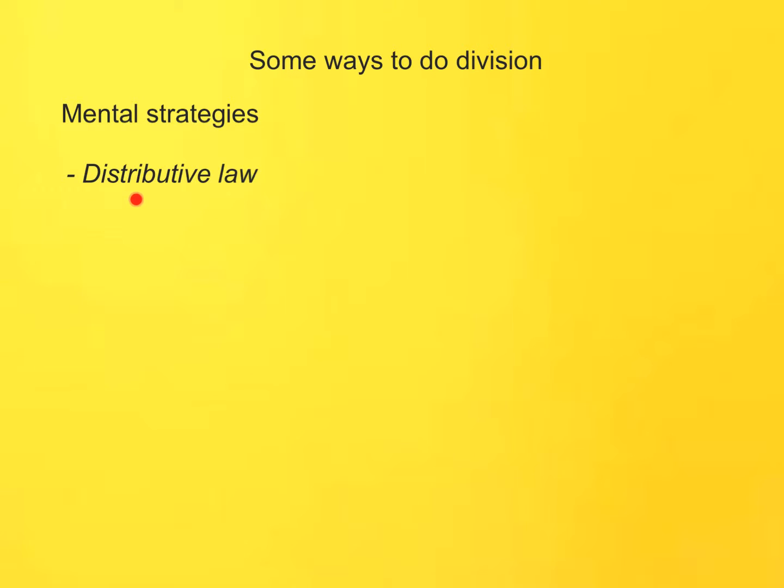Another strategy is called the distributive law. This is where we take a number, so we'll say for example 93, and we can break 93 down into 90 plus 3. Okay?